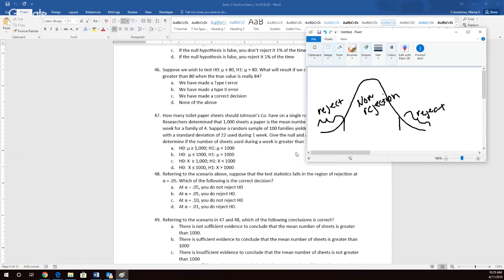Since this is only a one-tailed test, we're only looking at one side of the distribution. But essentially, if it falls in the region of rejection, then you're going to reject the null. I'm testing at an alpha level of 0.05, so anything that doesn't say 0.05, we know that's not correct. So 48 should be B.